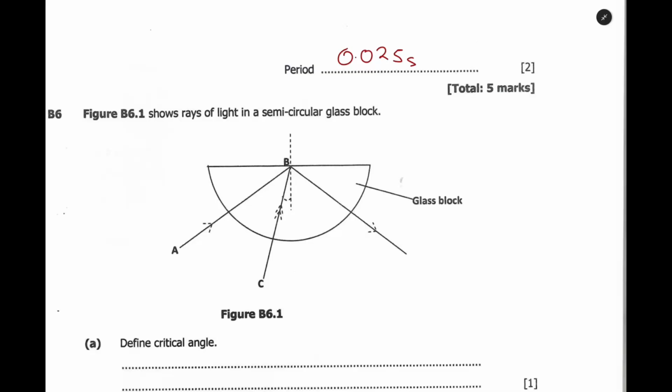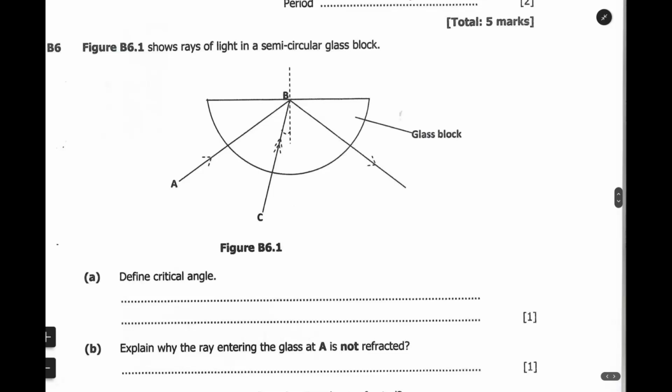Okay, we go to question 5. Figure B6.1 shows a ray of light in a semicircular glass block. As you can see, this is a glass block. Define the critical angle. What is a critical angle?